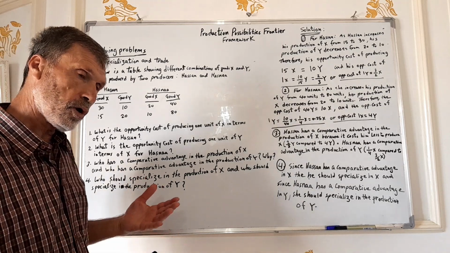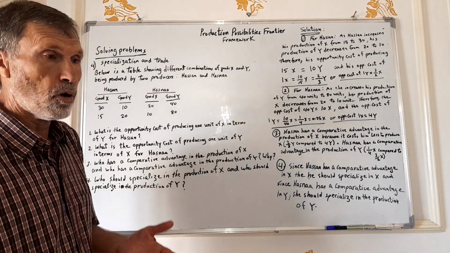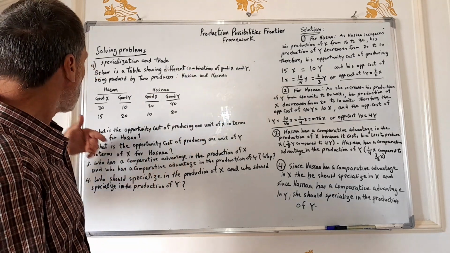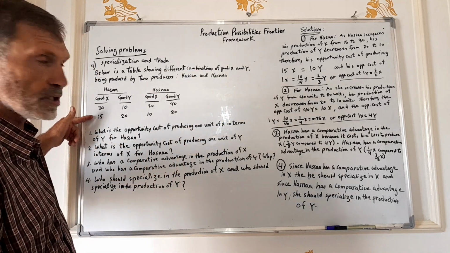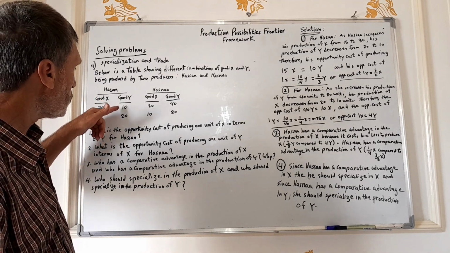As you know, always we have a kind of trade-off. More production of X means less production of Y. So production of X increases from 15 to 30. What happens to production of Y? It decreases from 20 to 10.